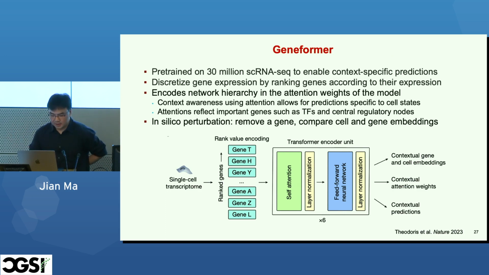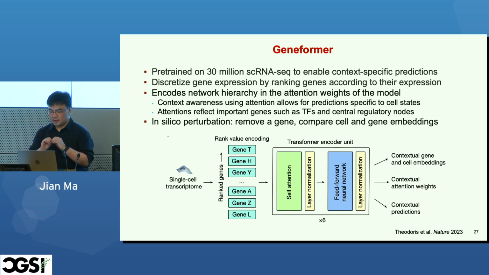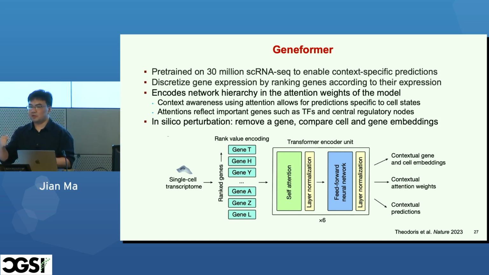They discretize expression, so the tokenization here is that the token is still the genes. But because you try to model the context, what they did is rank the genes according to their relative expressions.